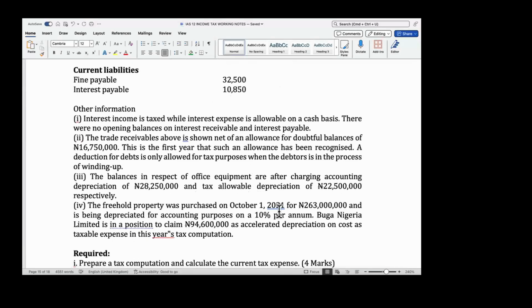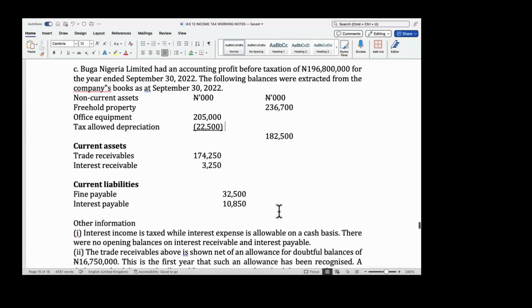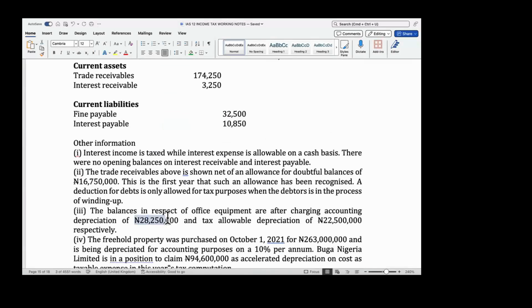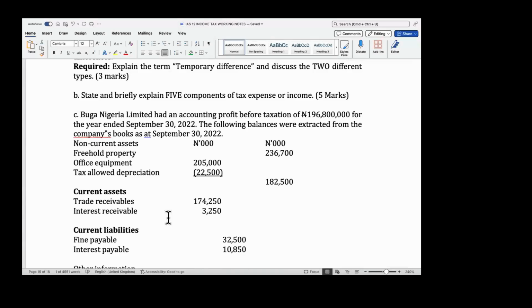If I were in your shoes also, you want to look at it very technically like you have done. This 205,000 is the carrying amount, which means that they have already deducted this. I will just add it back so that I can get the cost of the asset, because tax base is actually cost minus capital allowance, not carrying amount minus capital allowance.